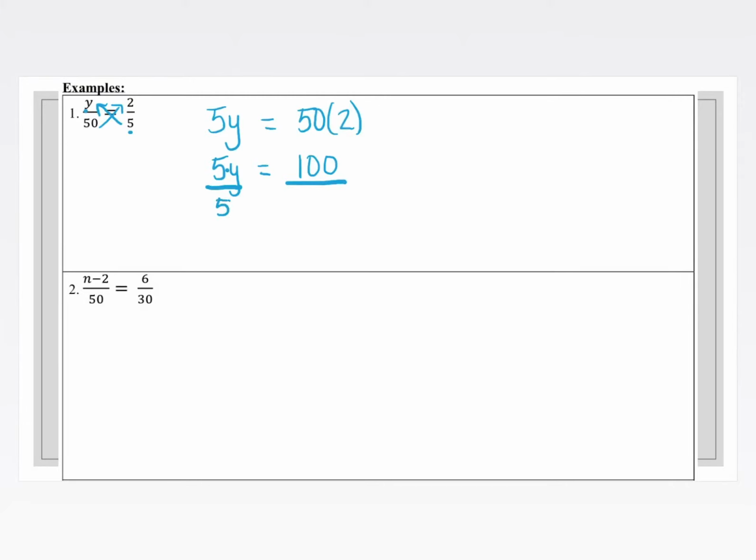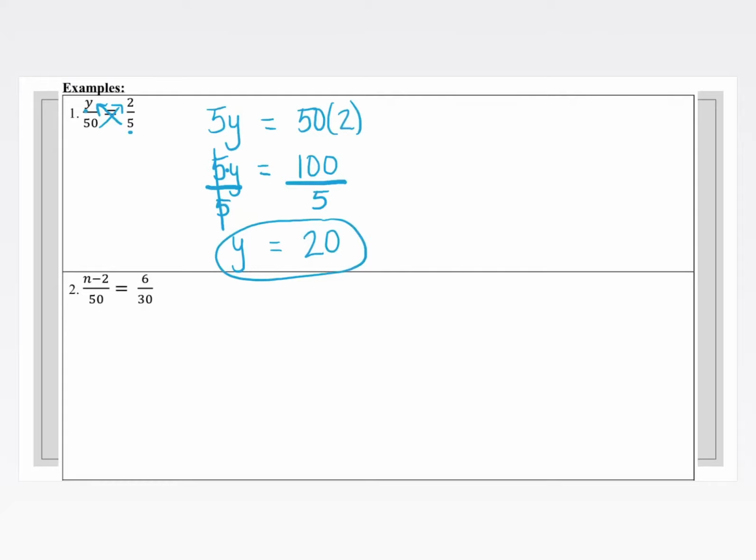And using the property of equality, what we do to one side, we have to do to the other. So 5y divided by 5, the 5's divide and cancel to just 1y, but since 1 is a humble number, we just write y. And then on the right-hand side, 100 divided by 5 gives us 20. So y equals 20.